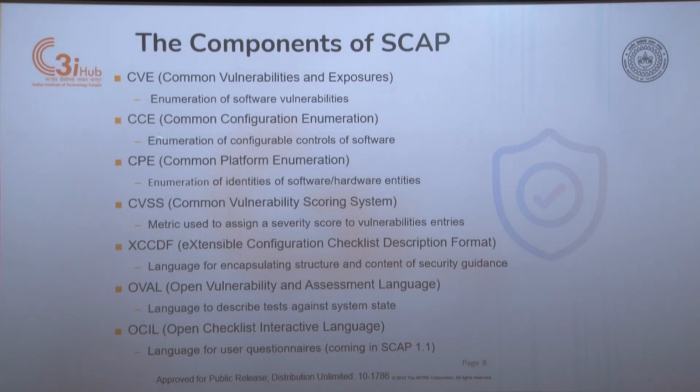The second one is the CCE, or configuration enumeration. So, when we talk about configuration, like how many times a password should be mistried before your system locks out, that is a configuration, right. Some systems configure it for 3 wrong attempts and then lock. Some configure it for 5 wrong attempts, some configure it for as many attempts as the user pleases, which is pretty dangerous, right, which basically is an invitation for brute force.